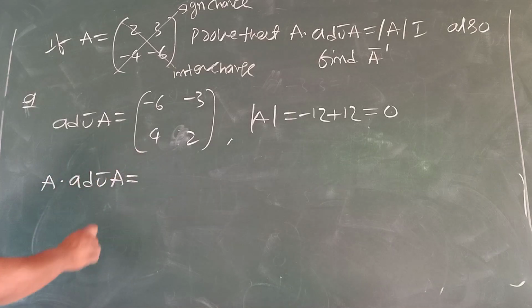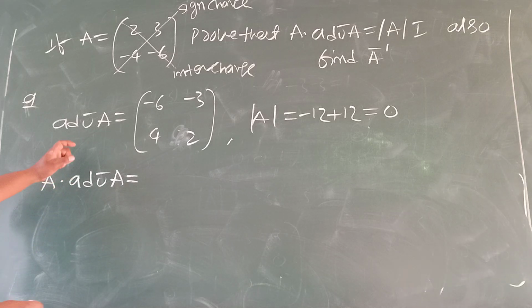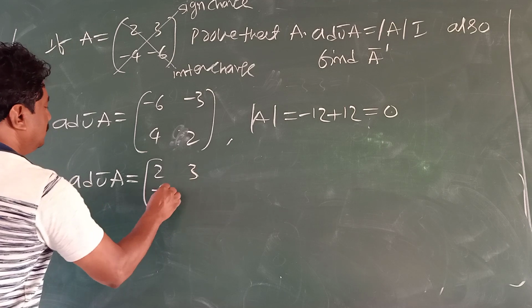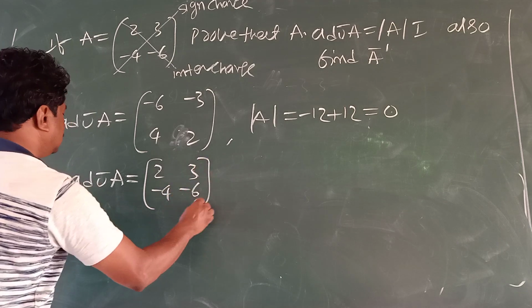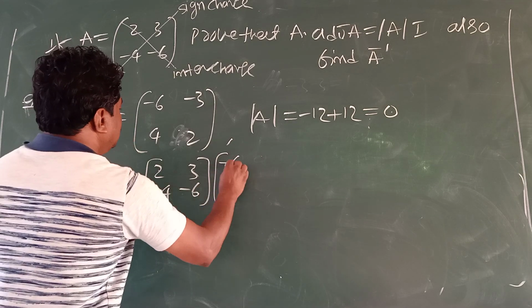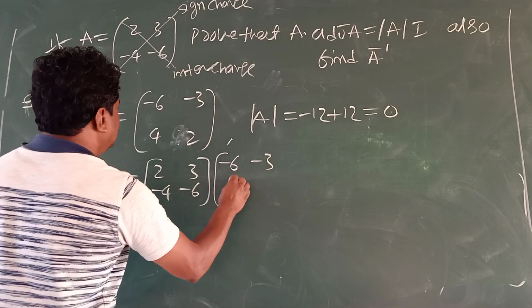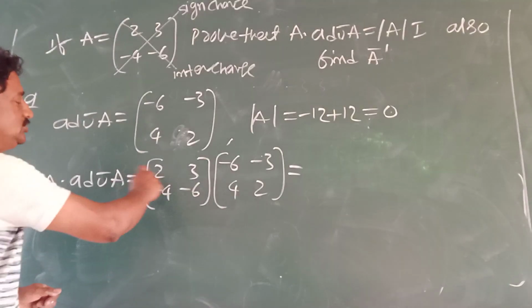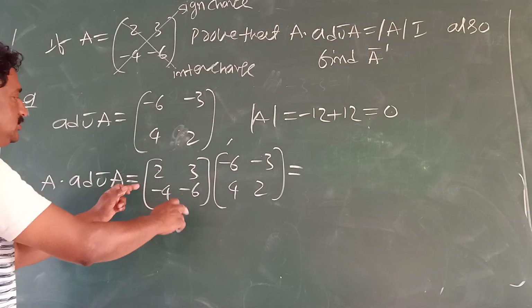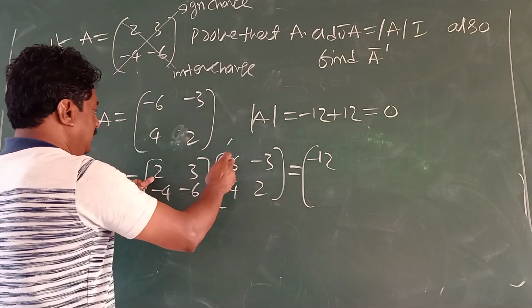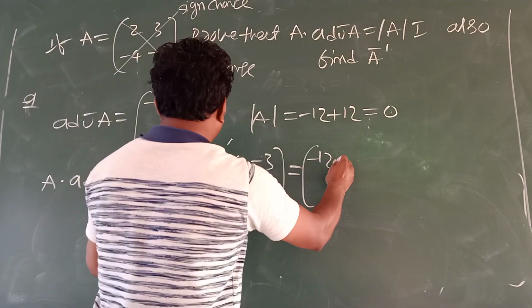A into adjoint A. Where A is 2 3, minus 4 minus 6, and adjoint A is minus 6 minus 3, 4 2. Let us multiply. First row first column: 6 2s are 12, minus 12 plus 12.